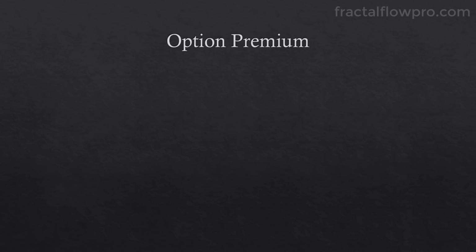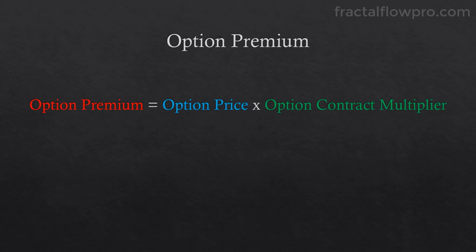The option premium is a function of the option price and the option contract multiplier. The option price is how much each option is perceived to be valued by the market, and the option price in alignment with the option contract multiplier will give you the total option premium you're going to pay for the option contract.